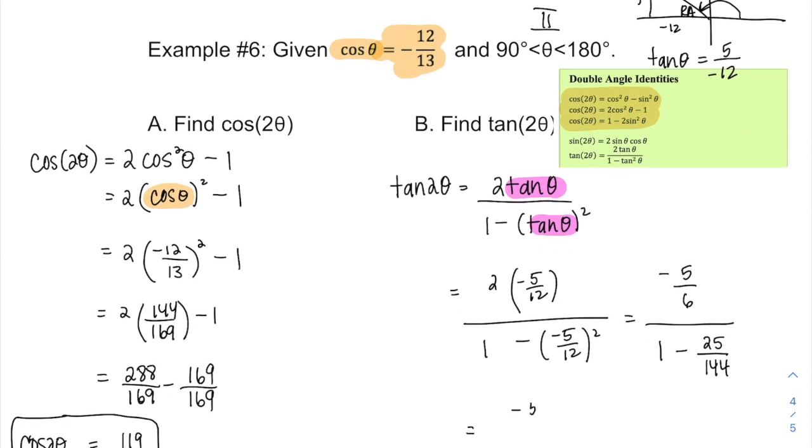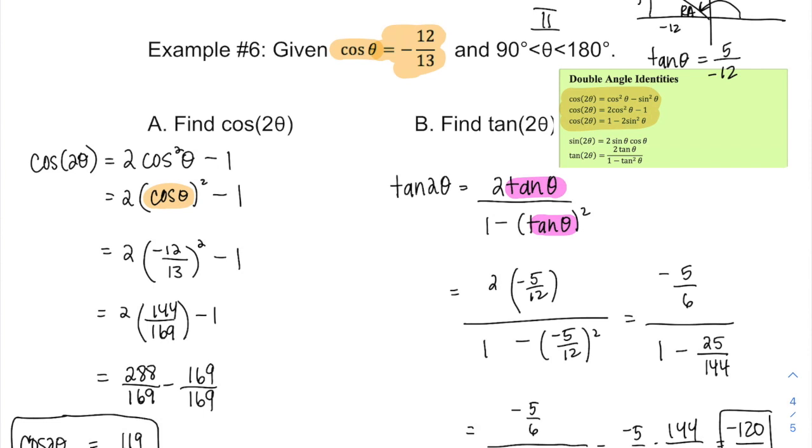So we've got negative 5/6 over 119/144. Keep the top, flip the bottom, change it to multiplication. I'm doing the calculation right now. I get just over 1, so negative 120 over 119.